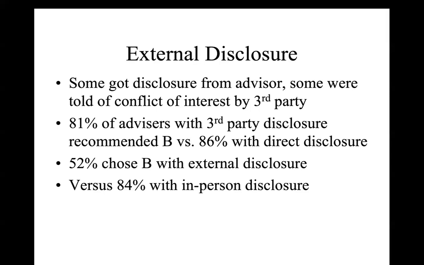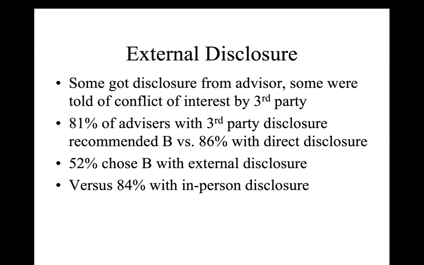All right. So here in this case, 81% of advisors with third-party disclosure recommended B versus 86 with direct disclosure. And so even though it's not a massive difference, we do see that external disclosure reduces the likelihood of a self-interested recommendation in comparison to direct disclosure. Okay.